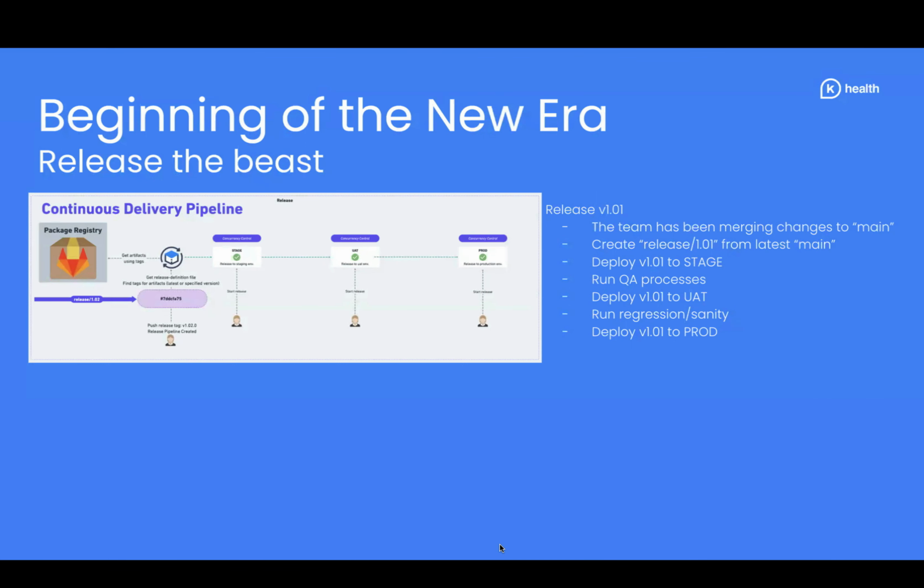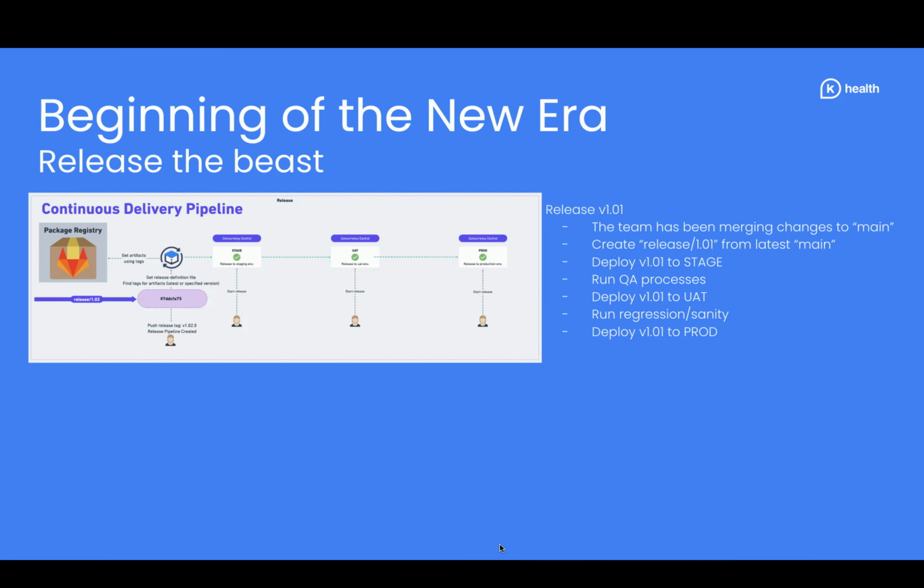So we are getting new changes, and we can create the release branch from main, and this is how the idea looks. Once you create a new release branch from main and a new tag, there are already built new packages, so we are able to deploy them to stage, to UAT.